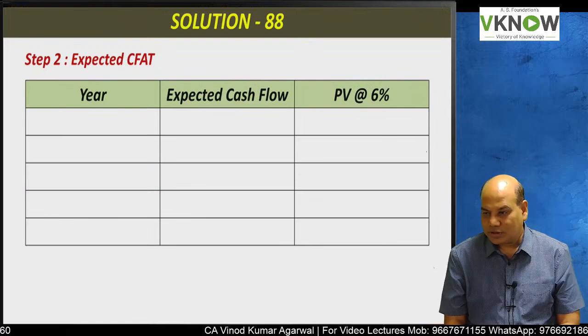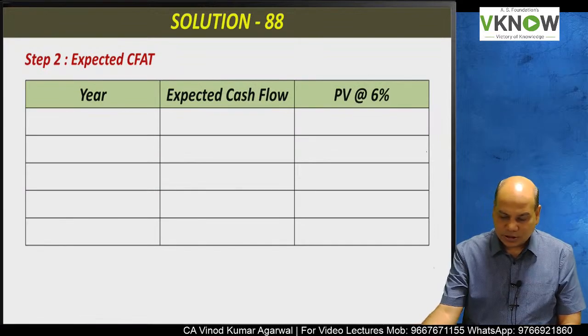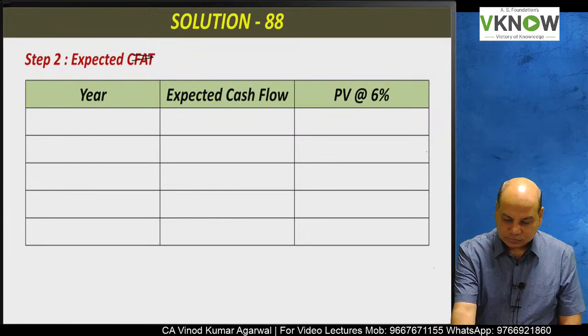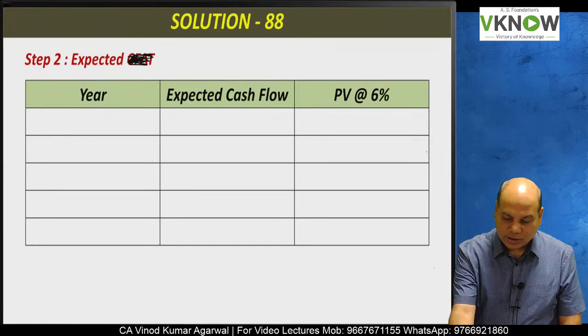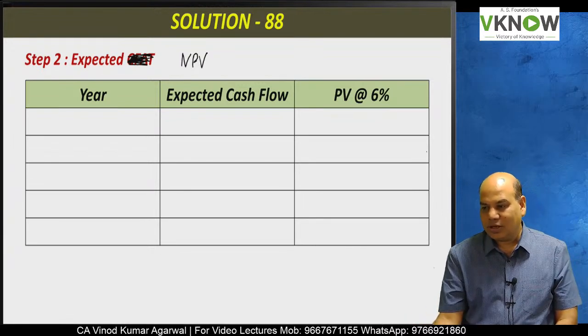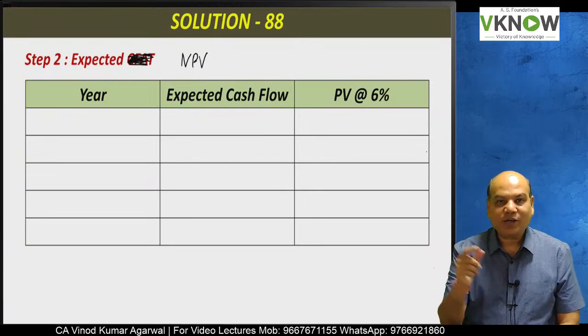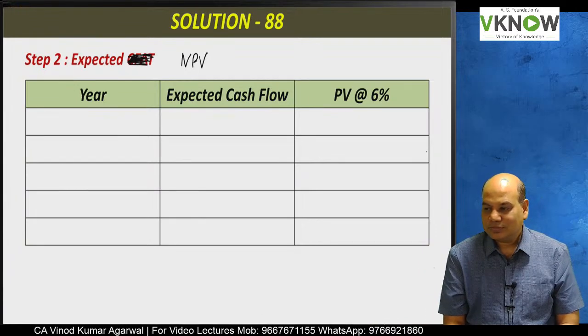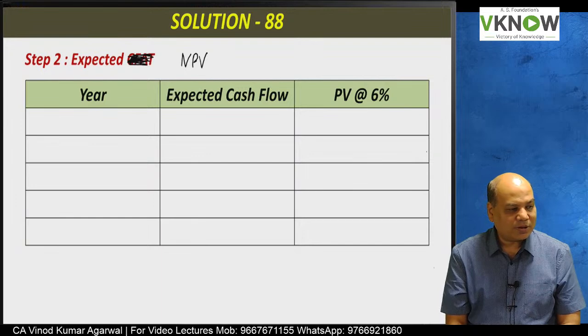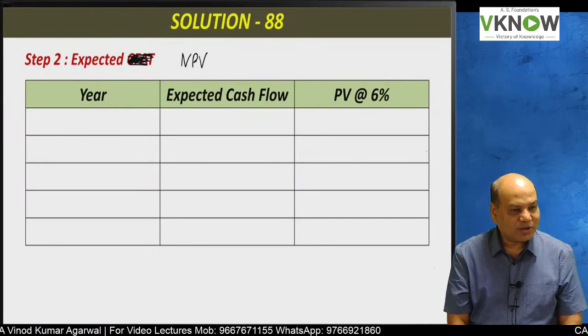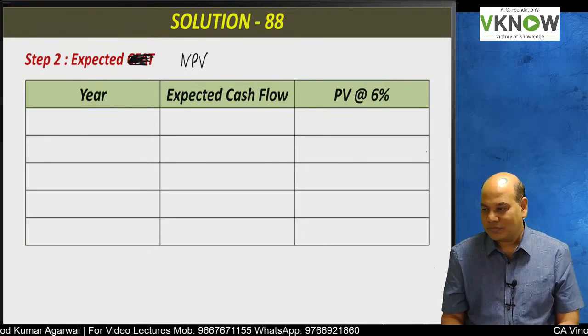Now write down step 2, expected NPV. Columns: year, expected cash flow, present value at 6%.